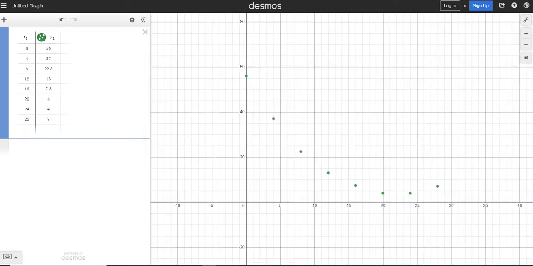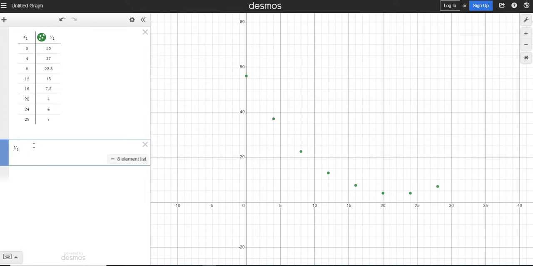There we go. So you can see this actually looks pretty nice, doesn't it? It looks very much parabola-like. Now, of course, if it's truly a parabola, it would keep on going up, and we'll have to see if that's true. But for this, it looks very much like a piece of a parabola. So I think my quadratic regression is going to go very well this time.